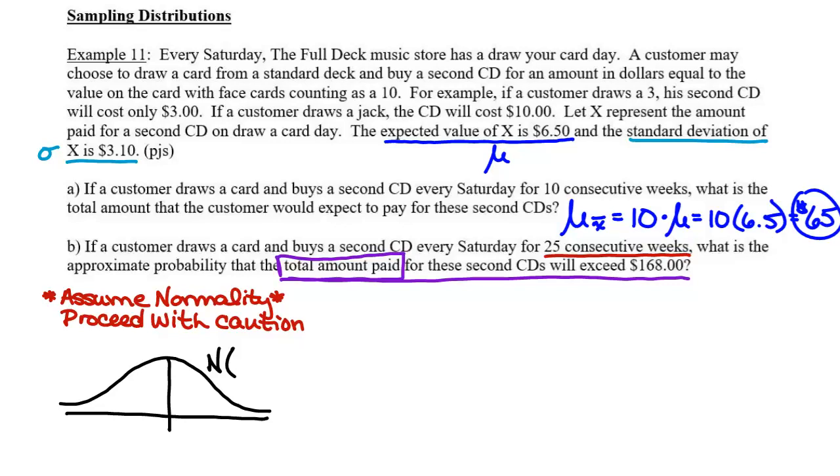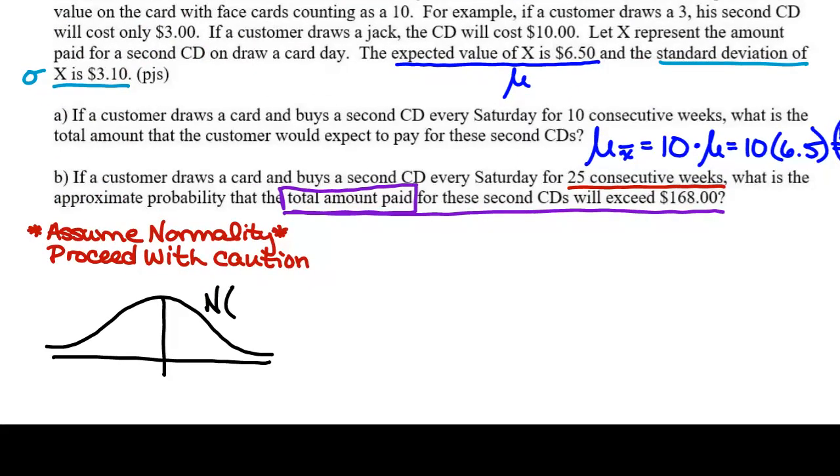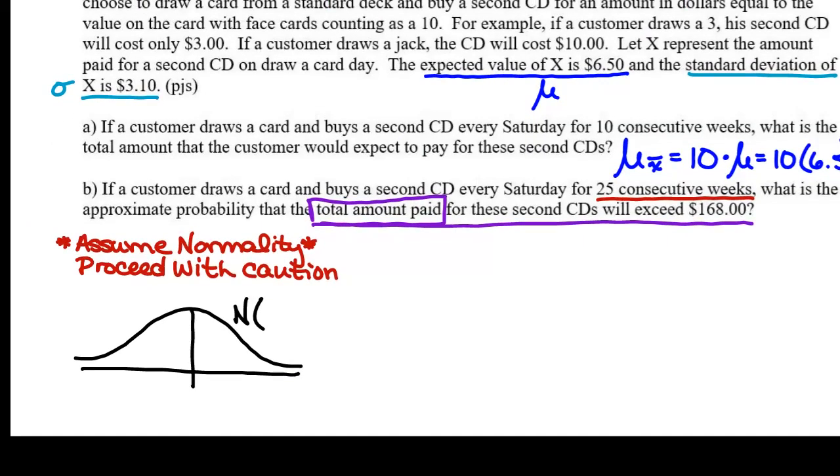What is the expected total spent on average over these 25 weeks? How would I calculate that? I want to know what the mean is. Yes, 25 times 6.50. Absolutely.